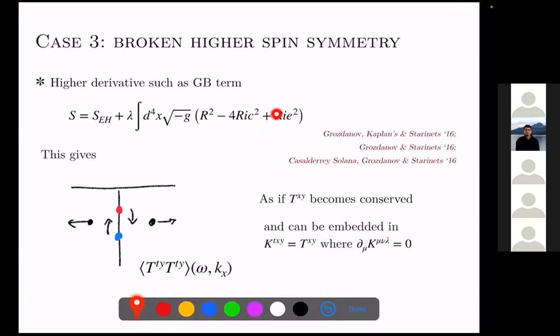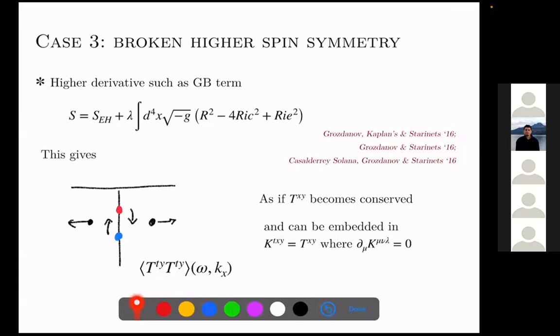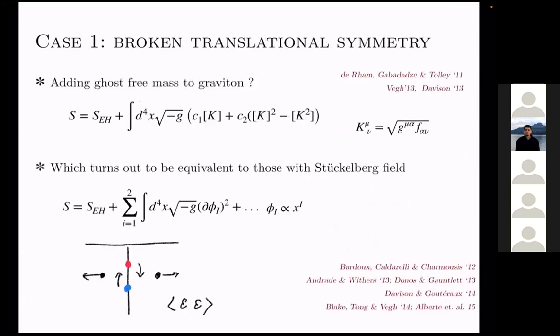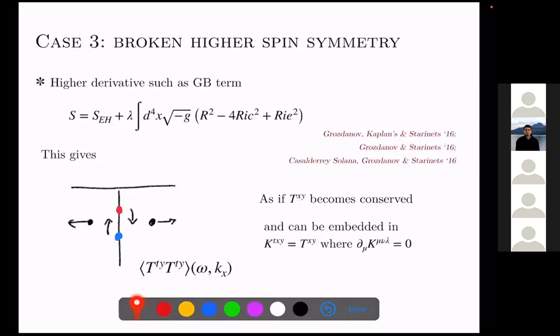And people have been looking at the spectrum of these things. One of them, which is particularly interesting, is the TTY correlation functions, which is the transverse momentum if the wave vector is in the x direction. In the usual hydrodynamics, you see a diffusive mode.